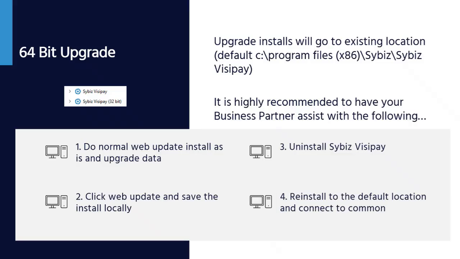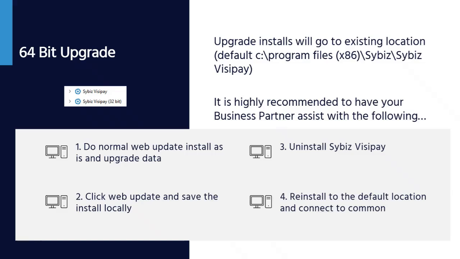And again, this slide here is probably not going to be relevant directly to too many people, but it's one of those things that you may want to consider even if you don't understand it. Essentially, 32-bit applications installed in a default location of the Windows C program files x86, and the 64-bit version can happily live there.